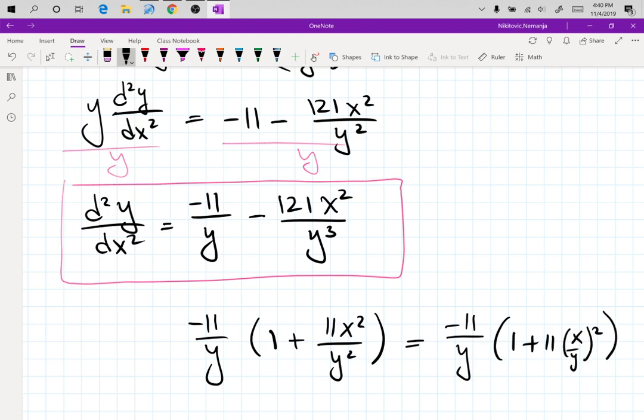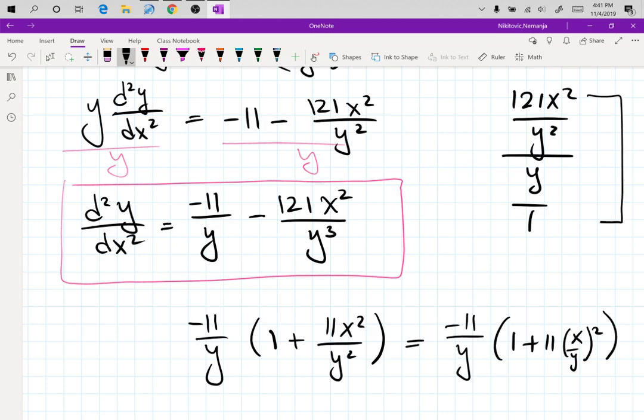I have a question. When you do y squared divided by y, shouldn't it be just y on the bottom? No, it's y over 1, so you have a double fraction. You have 121x squared over y squared over y over 1. Right?